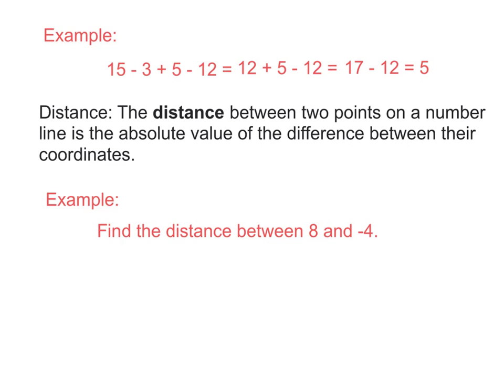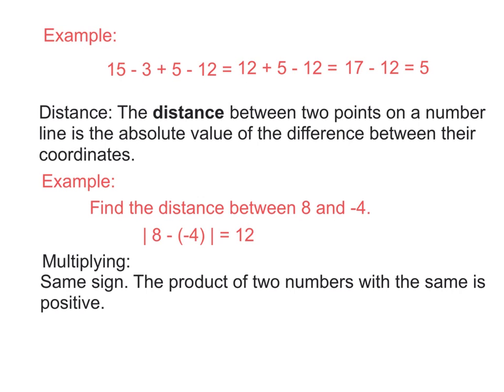Let's say we were asked to find the distance between the points 8 and -4. If I take the absolute value of the difference, 8 minus -4, I come up with 12. So therefore the distance between 8 and -4 is 12.